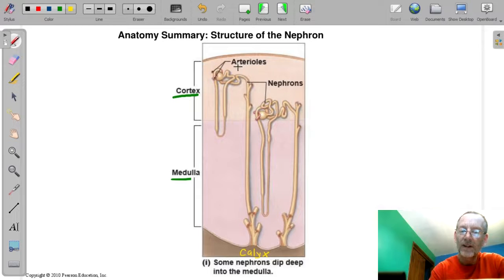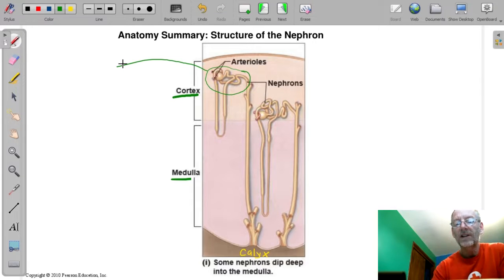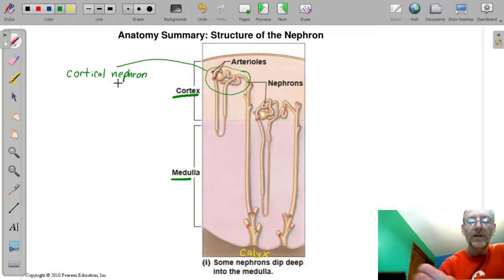So the nephron here, let's circle this nephron. This one is mostly in the cortex. So this is referred to as a cortical nephron, cortical meaning most of it's in the cortex.